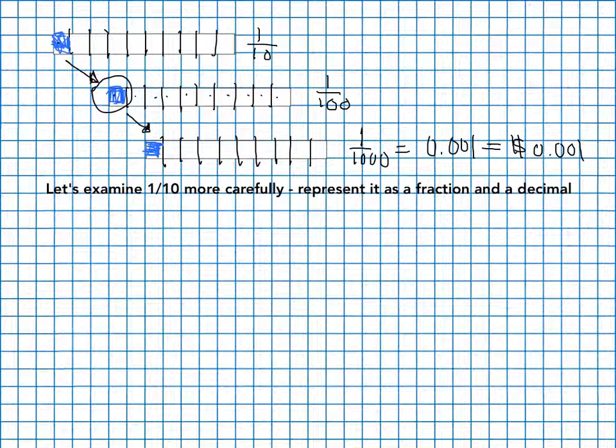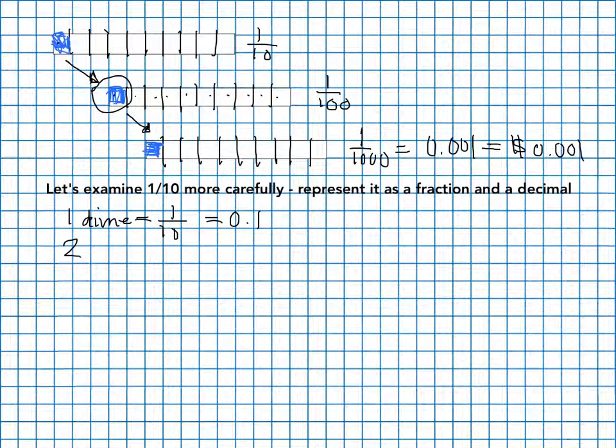So let's look at 1/10 here. 1/10, or we can just look at it as a dime. 1 dime is equal to 1/10, which is the same as 0.1.